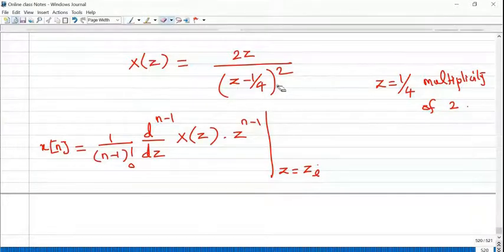If any pole has multiplicity more than 1, then for that particular section only we have to use this procedure.